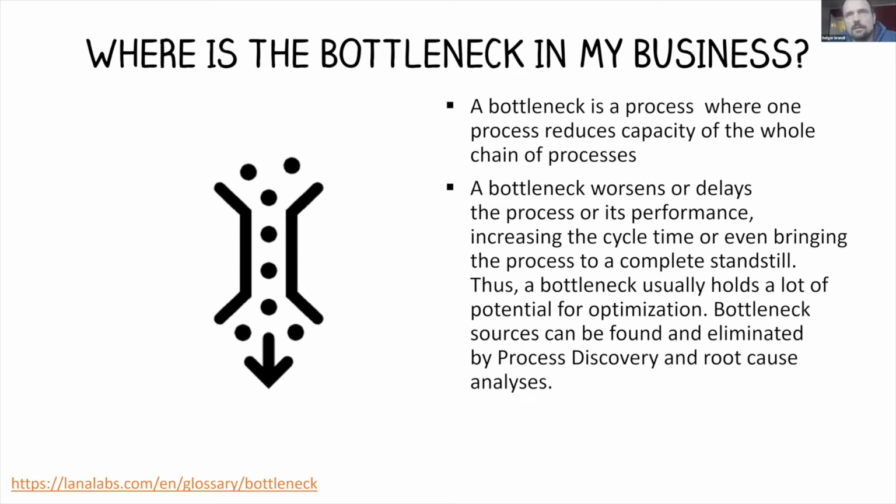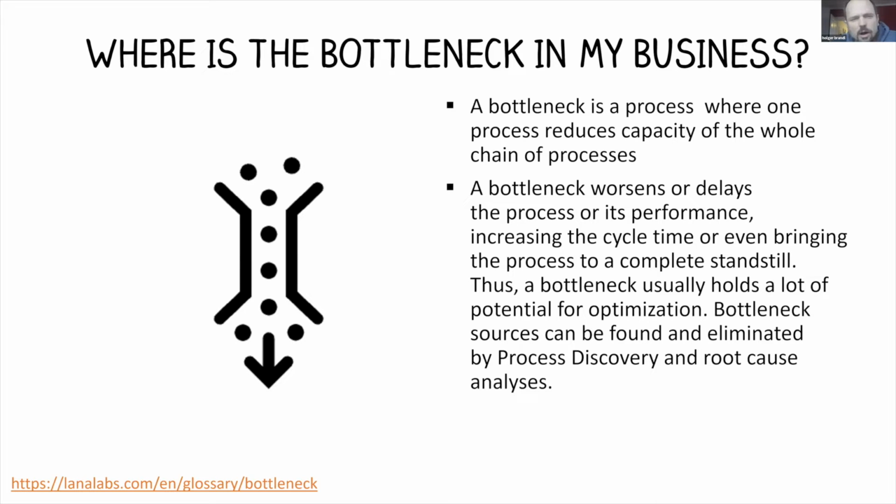Or in a call center, it could be some process which limits the throughput as well, because some agent might be a bit slower, but every incoming call needs to be routed through them. And a bottleneck is a very serious problem because it really delays the process and severely impacts its performance.